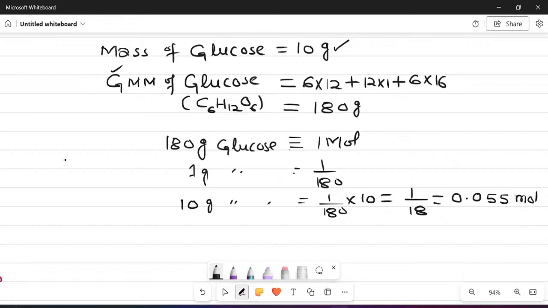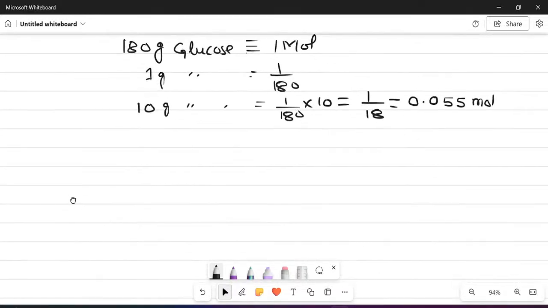So this is the number of moles of your glucose, and what is the mass of solvent? 90 gram.